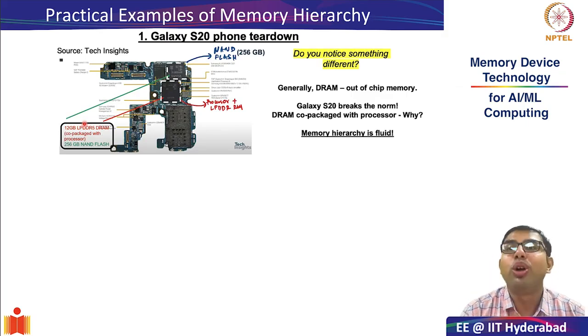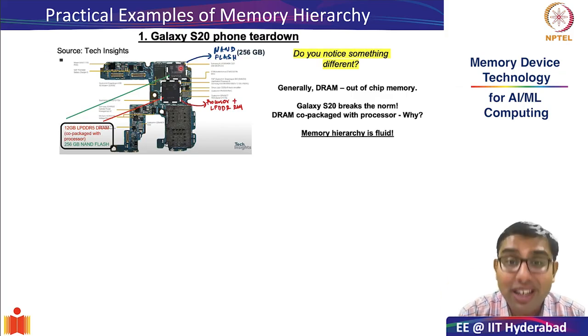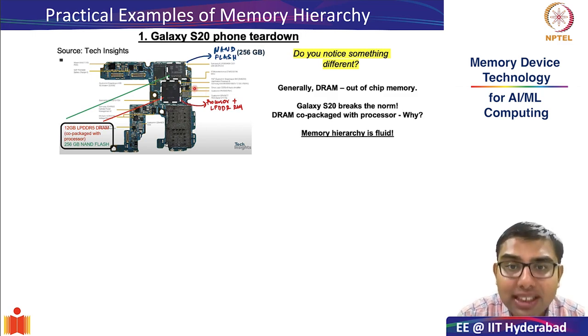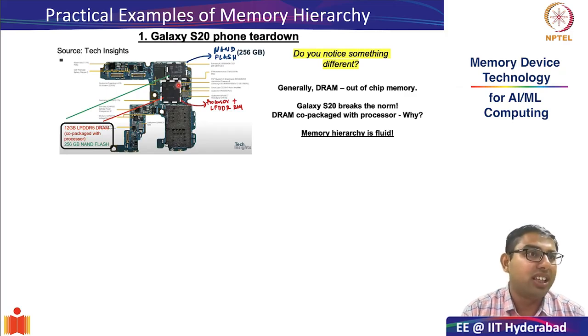It is very easy to understand that if the DRAM was separated from the CPU subsystem and put as a separate die, the wires that were connecting the DRAM chip, or the main memory chip, to the CPU subsystem would cause a lot of latency, right?